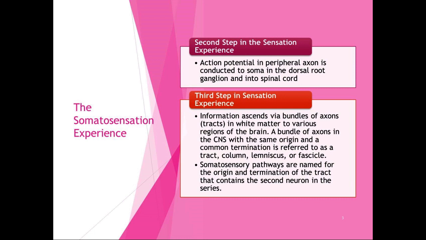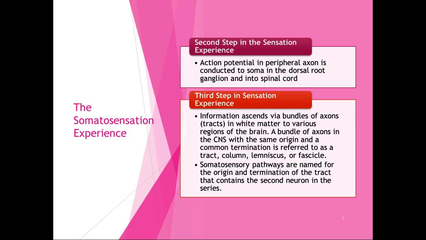So the third step in the sensation experience is that information ascends to the brainstem, basically, via bundles of axons. And those bundles of axons are called tracts. They're white matter in the spinal cord, and they go to various regions of the brain.